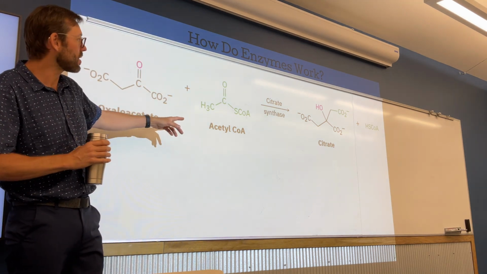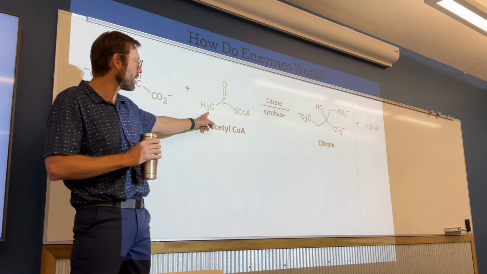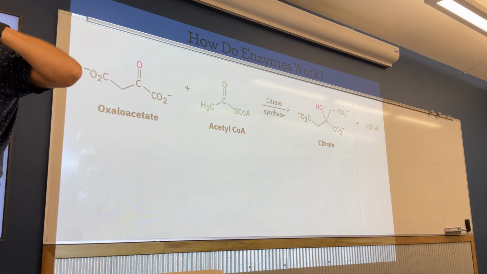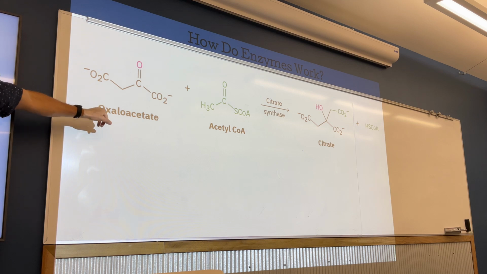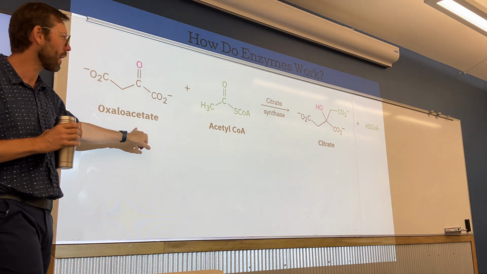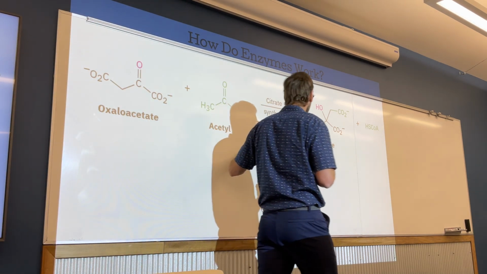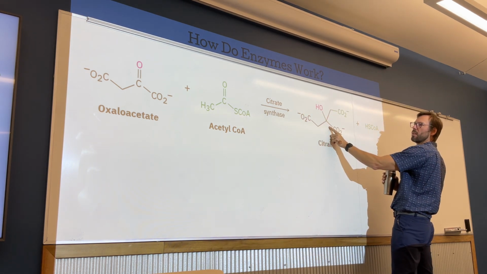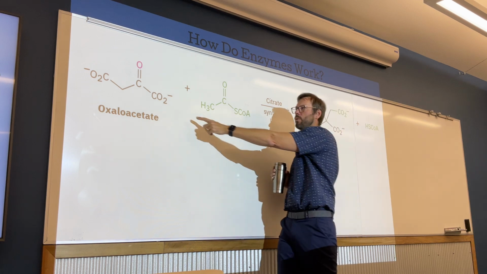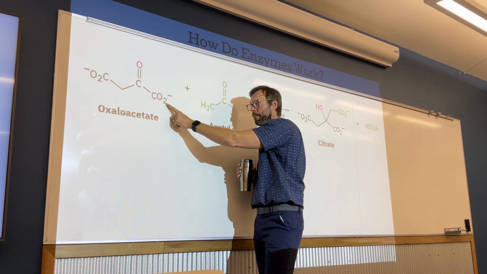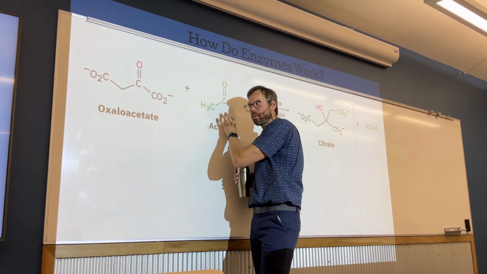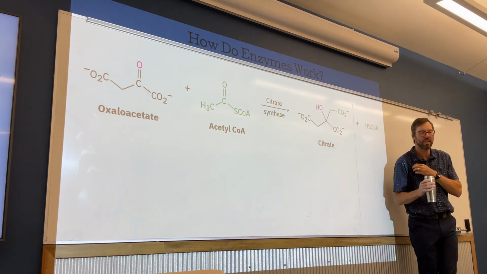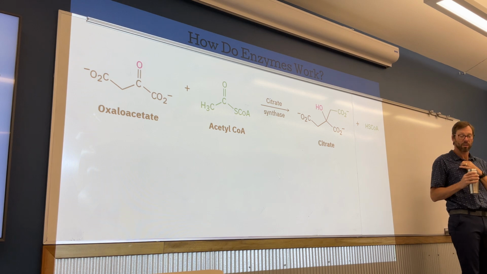But in order for this to be turned into citrate, which is the first step in that citric acid cycle, you need to have oxaloacetate. Okay? So these come together, right? You can see that this is similar to this, right? Without this acetyl-CoA, this can't turn into our citrate that we need for that citric acid cycle step.